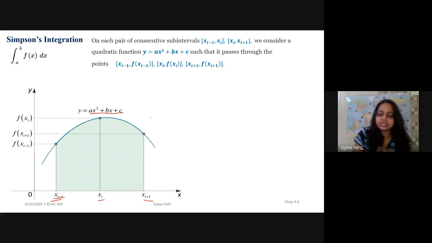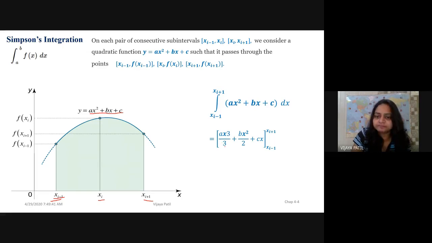That means I need the integration of y dx, which is the integral from xi minus 1 to xi plus 1 of ax square plus bx plus c dx, which you'll get as ax cube by 3 plus bx square by 2 plus cx, between the upper and the lower limit.